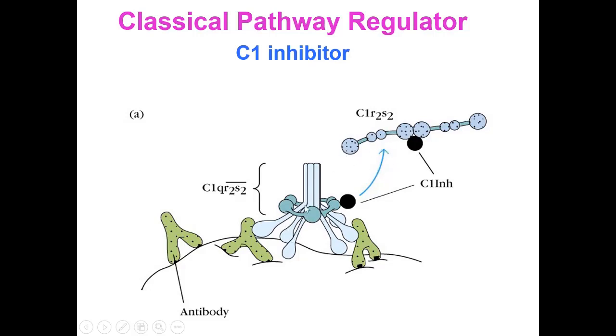After dissociation of C1r and C1s, C4 and C2 cannot be activated, and the production of C3 convertase is inhibited by C1 inhibitor.